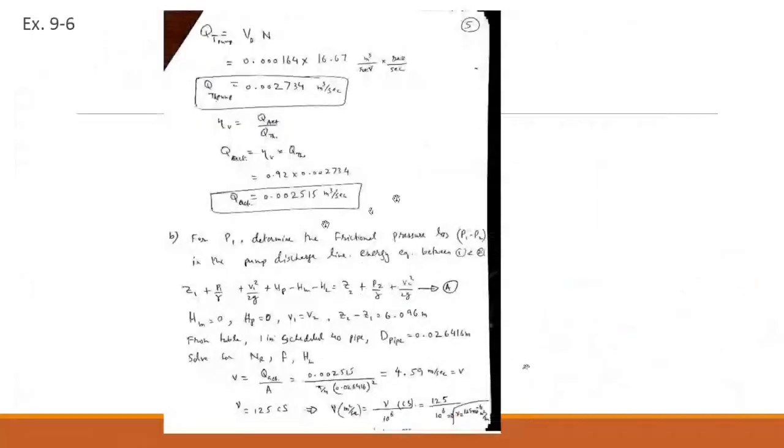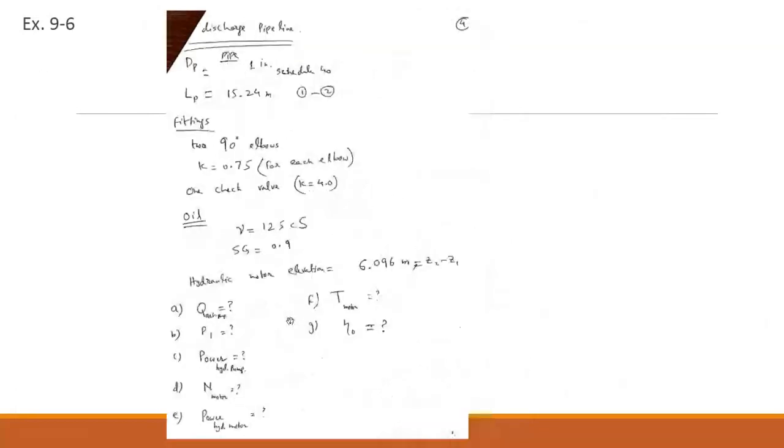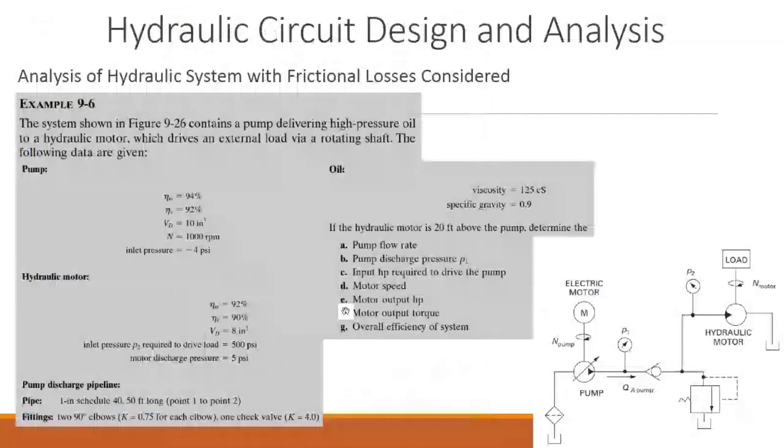So we apply the energy equation in which we have the pump head, the motor head, and the head loss, and we have the elevation, the pressure head, and the velocity. Between pressure gauge 1 and pressure gauge 2 there is no pump and no hydraulic motor, so we can cancel those.